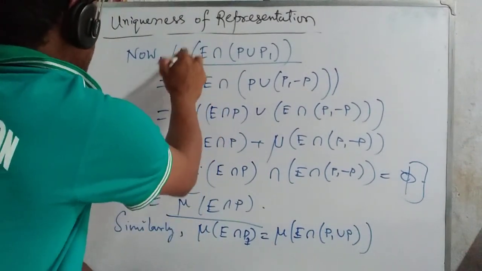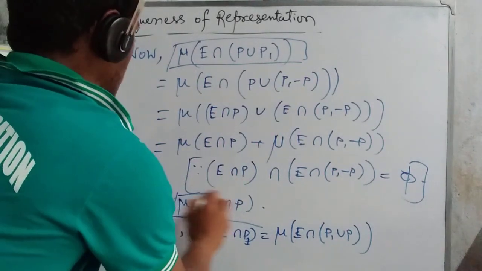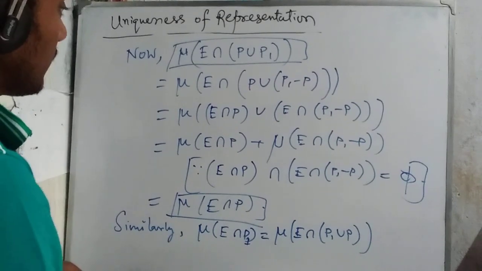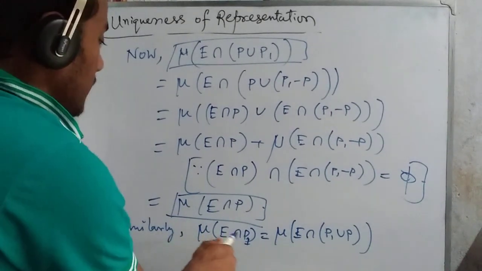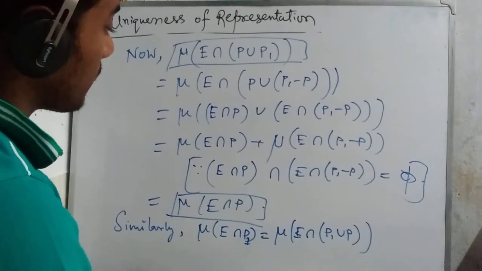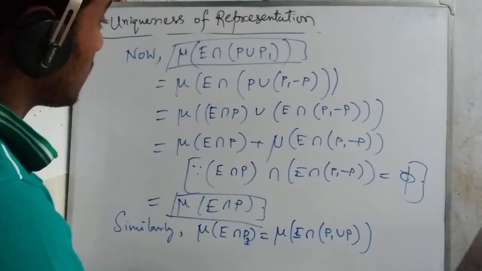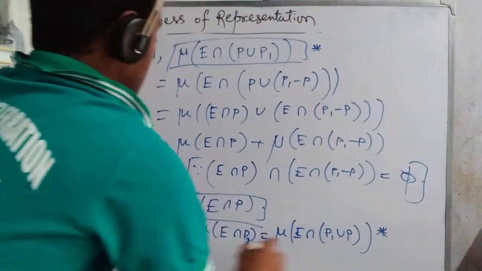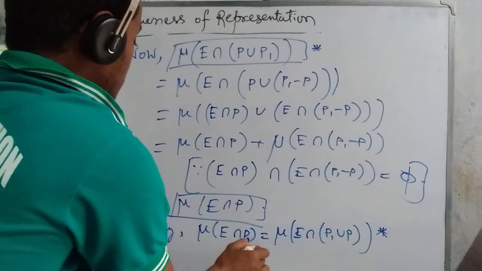We just interchange P and P1, then this happens.